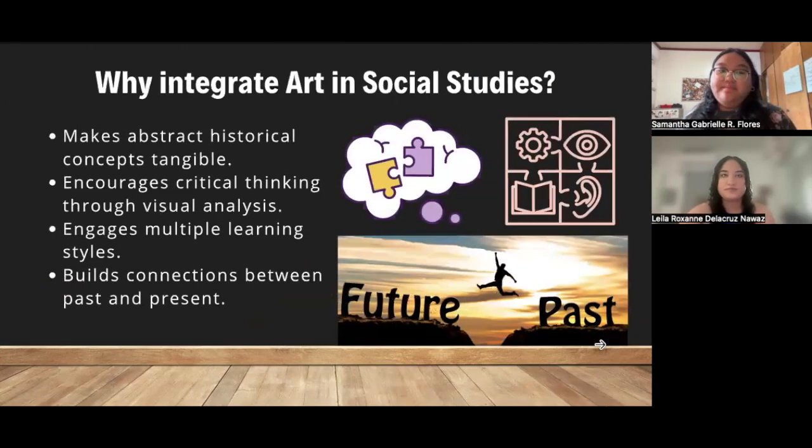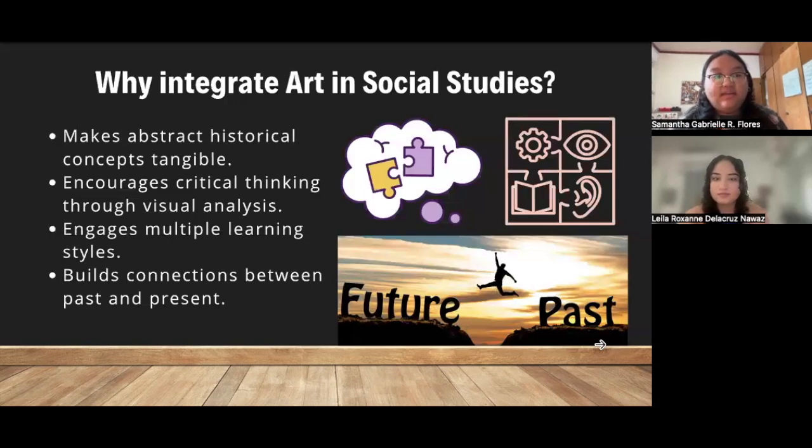So now we dig deeper. Why should we integrate art in social studies? One, it makes abstract historical concepts tangible. We may not know anything about World War II, but when we have artworks, pictures, we can visualize the scene. Number two, it encourages critical thinking through visual analysis.